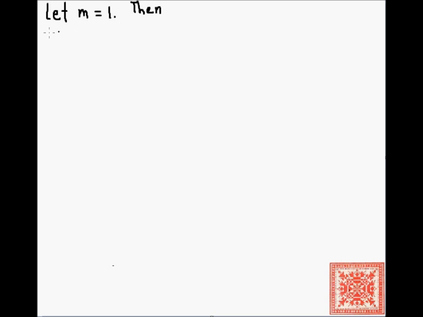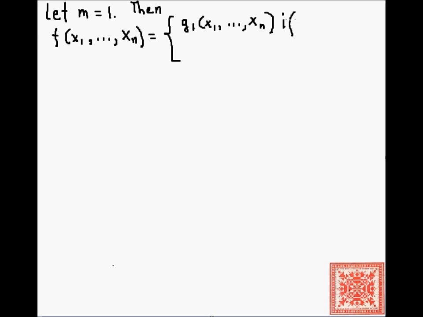This is our base case, the inductive base case. Then f of x1 through xn is equal to g1 of x1 through xn if p1 of x1 through xn, and h of x1 through xn otherwise. And by the previously proved theorem, since g, p, and h are in C, then f is in C.